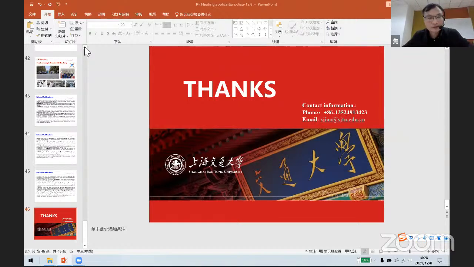Professor, can it be used for sterilization, milk sterilization, for example? You mean for sterilization, right? Yes, of course, it can be used for sterilization. Like I mentioned, it's a fast and volumetric heating method.